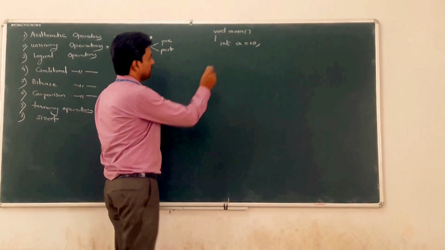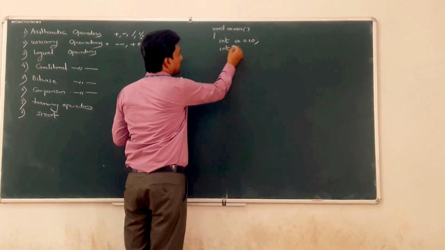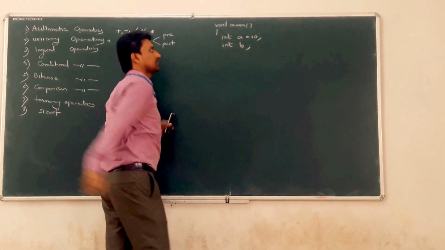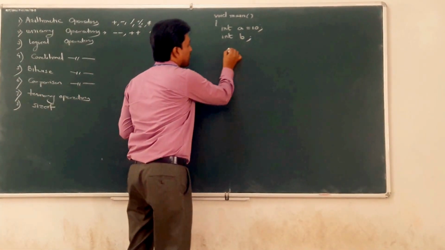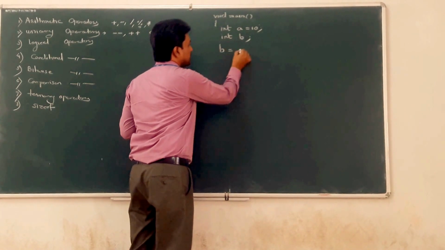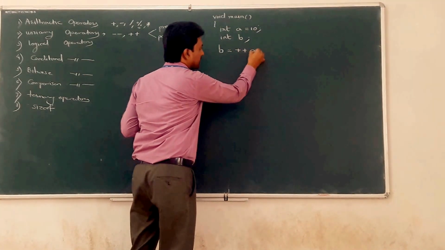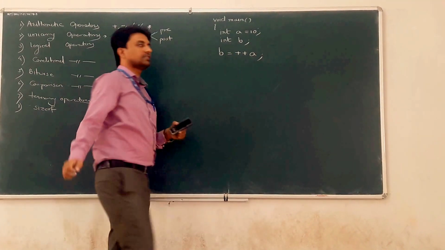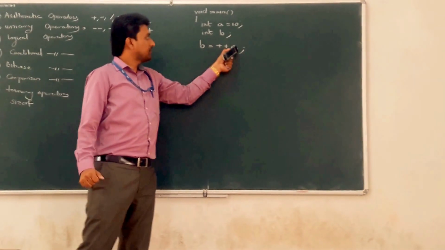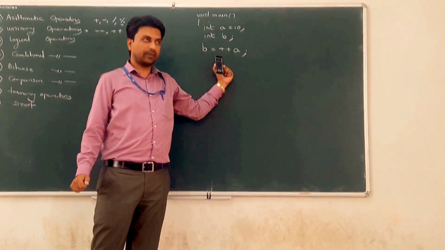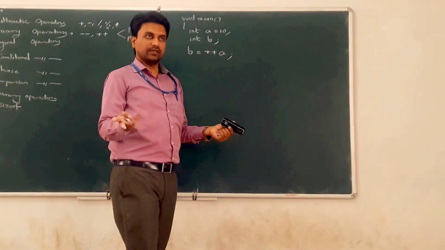Suppose I declare one more variable, B. This is another variable B. Clear? So B is equal to plus plus. Plus plus is an increment operator, and it is flexible.